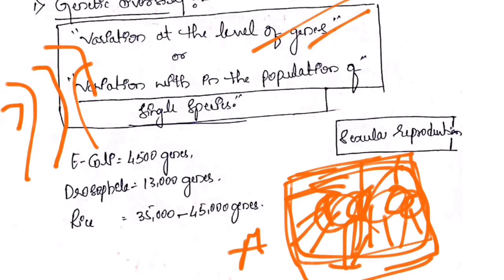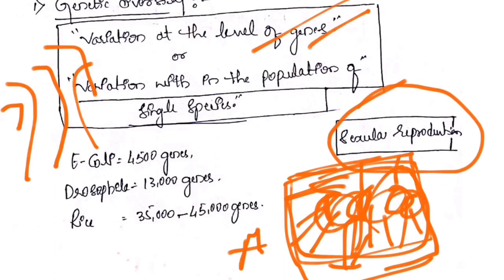How is this variation formed? This variation is formed due to sexual reproduction. During sexual reproduction, male and female gametes come together. How are these male and female gametes produced? They undergo meiotic division, converting from diploid to haploid condition.